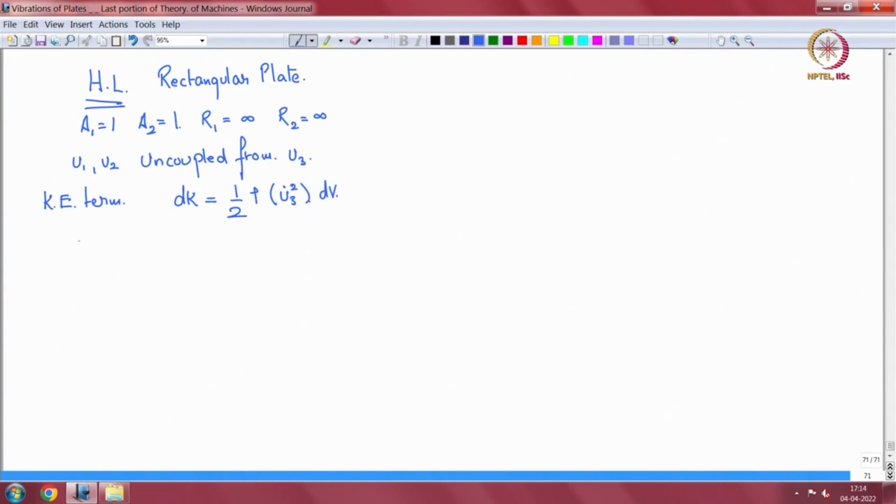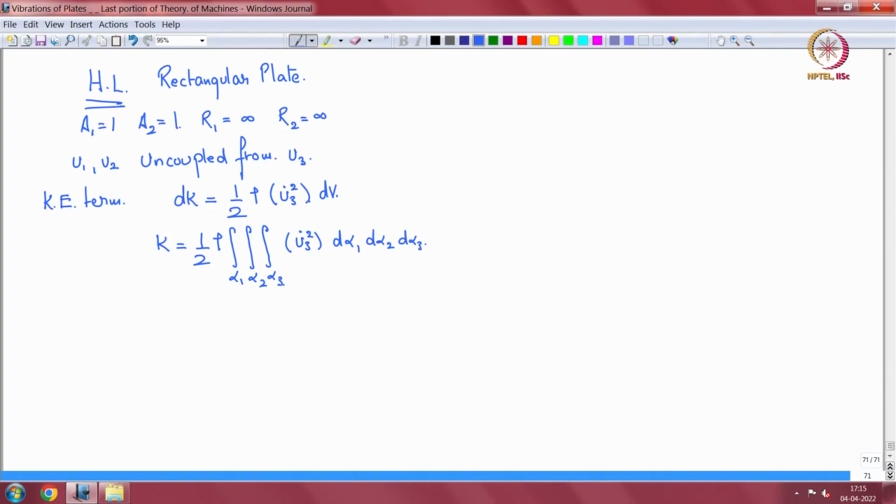So that my K is equal to 1/2 rho integral alpha 1, integral alpha 2, integral alpha 3, u3 dot squared d alpha 1 d alpha 2 d alpha 3.